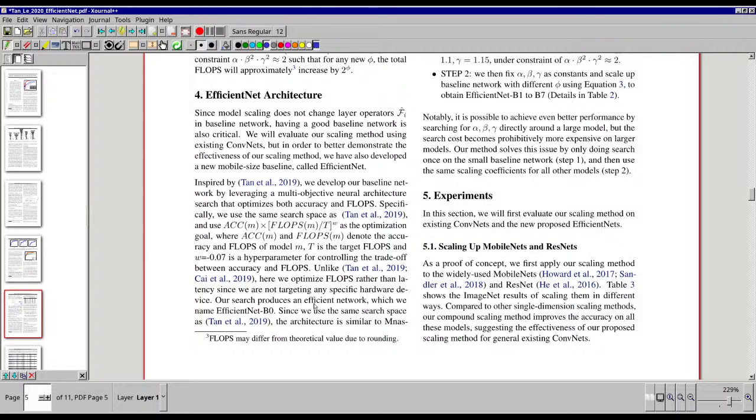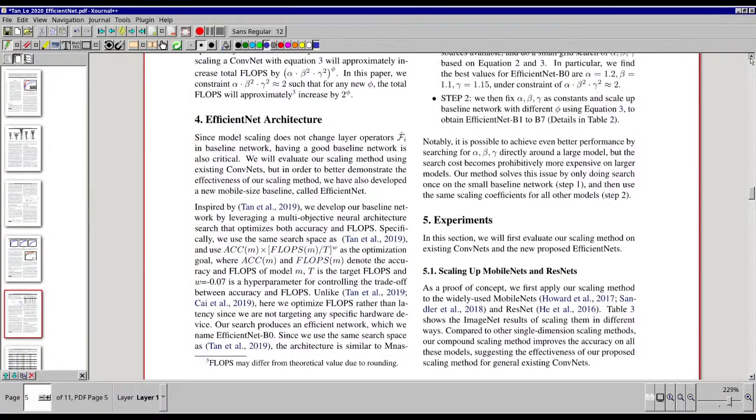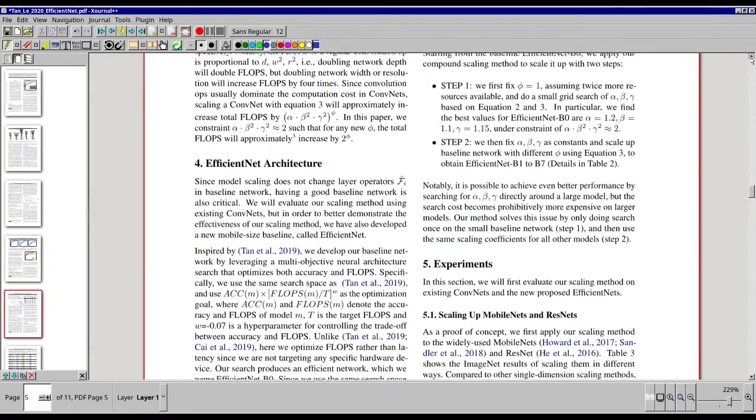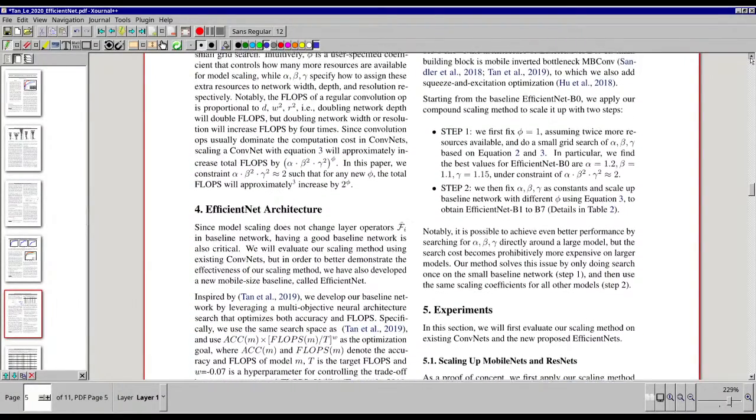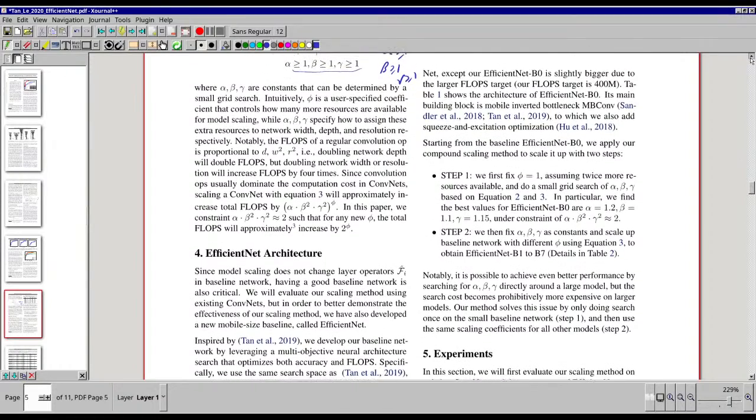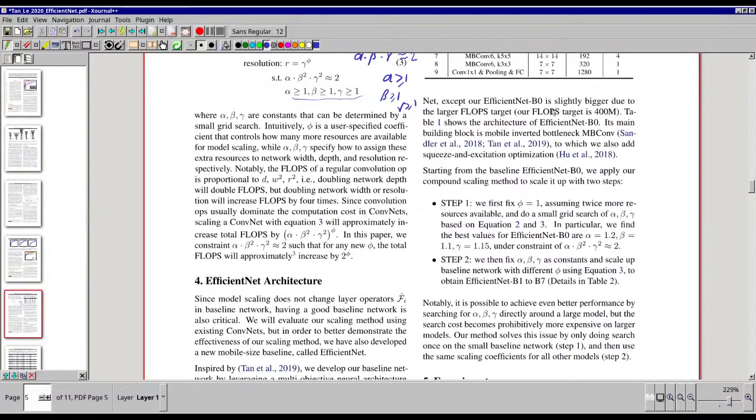Our search produces an efficient network, which we name EfficientNet-B0, since we use the same search space. The architecture is similar to MnasNet, except our EfficientNet-B0 is slightly bigger due to the larger FLOPS target.